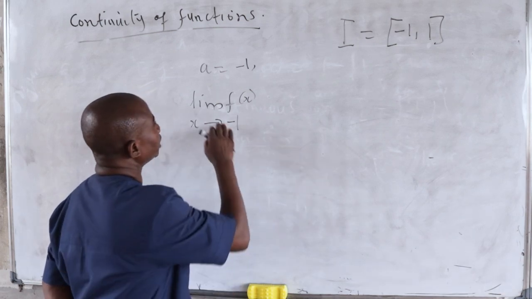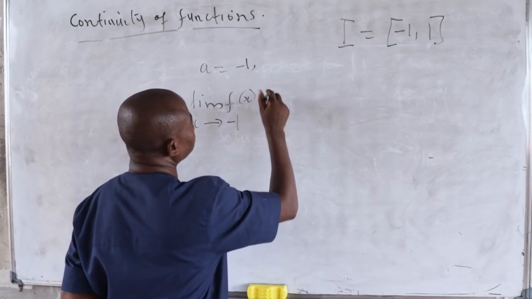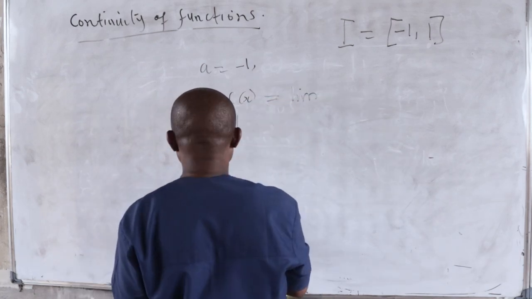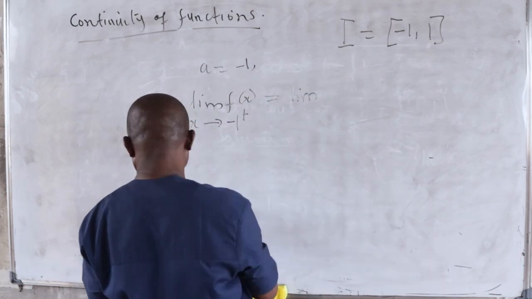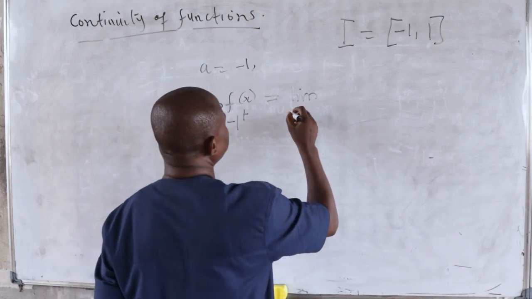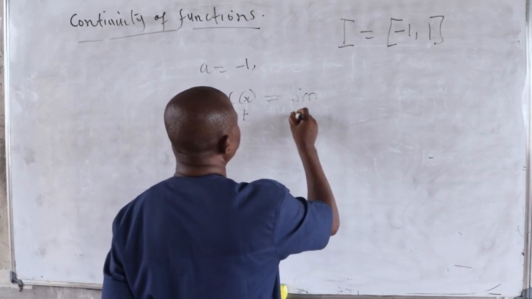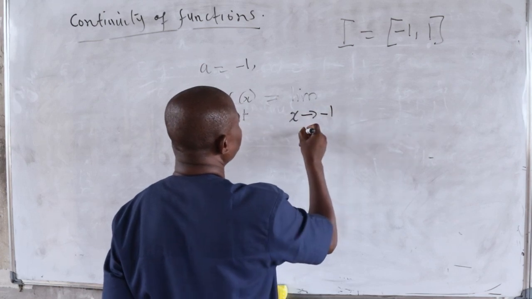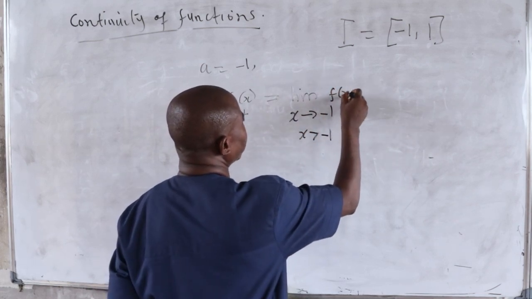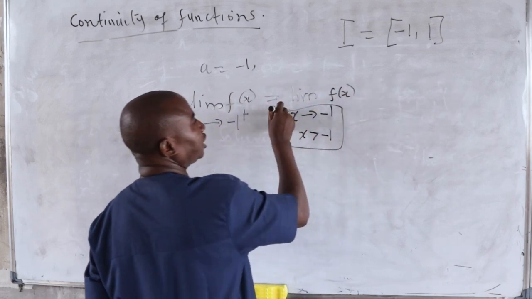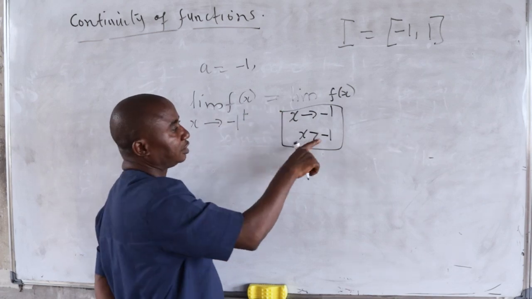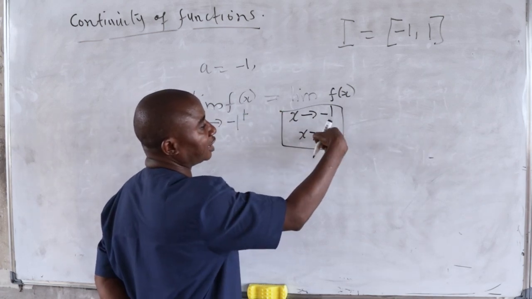So here, the only thing I can do is put a plus sign here. We are looking at the limit as x tends to -1 with x strictly greater than -1 of f of x. These two things I wrote here simply mean I'm considering the limit from the right-hand side, that means all those x greater than -1.